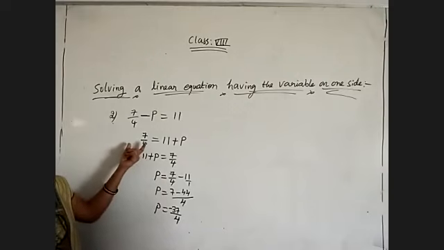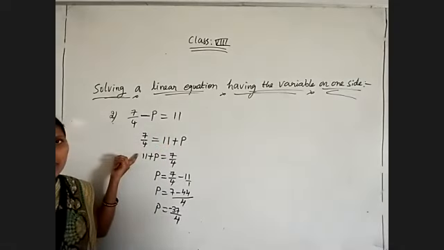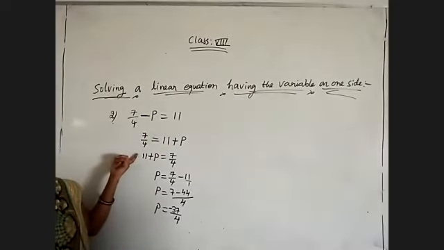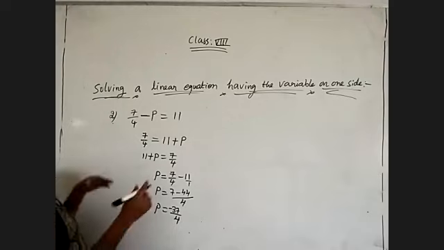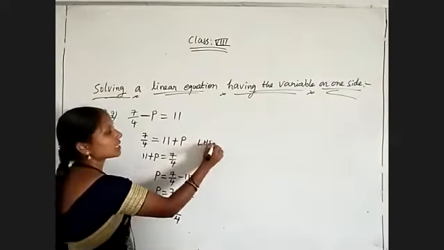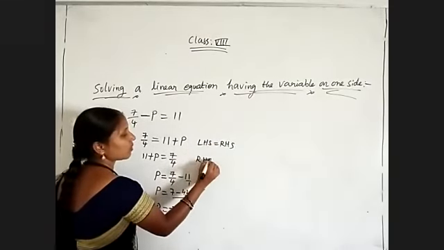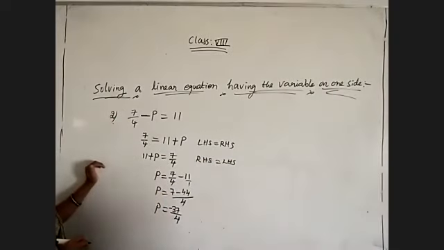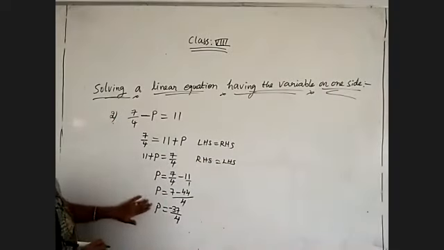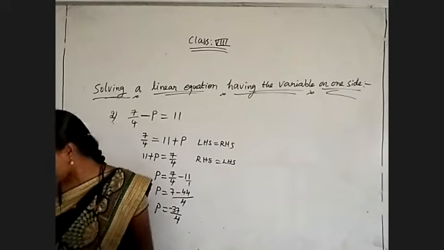For that sake, I am changing LHS to RHS, RHS to LHS. There is no problem if we change the terms like that. If we change the sides completely, LHS is equal to RHS, and here I have written RHS is equal to LHS. There is no difference. Like that, we got the p value minus 37 by 4.